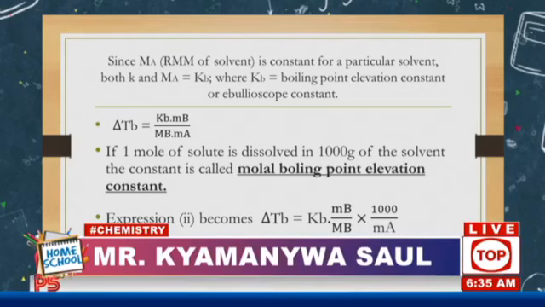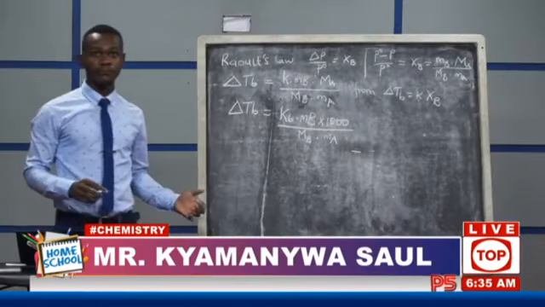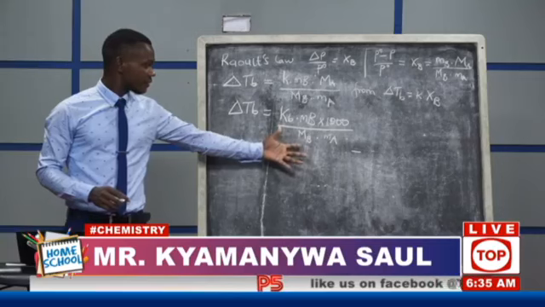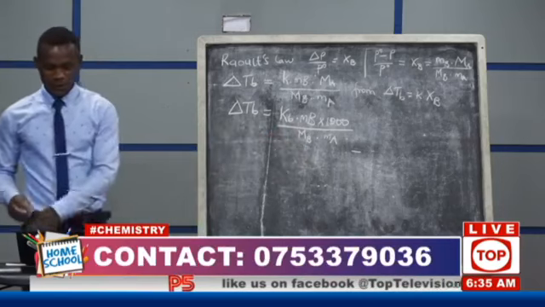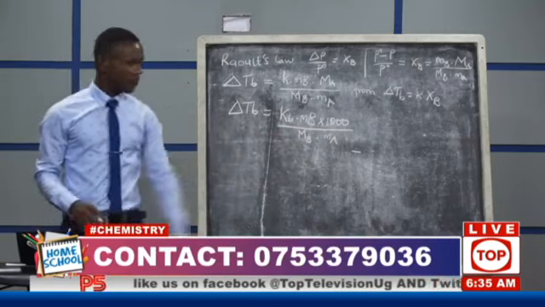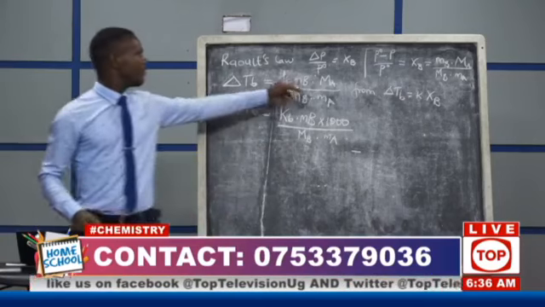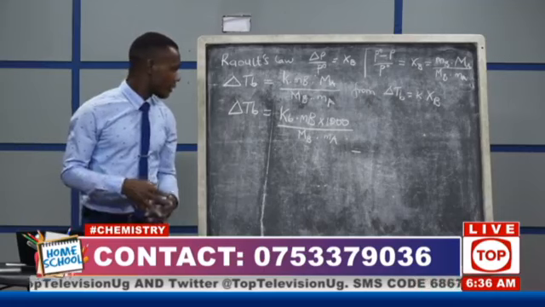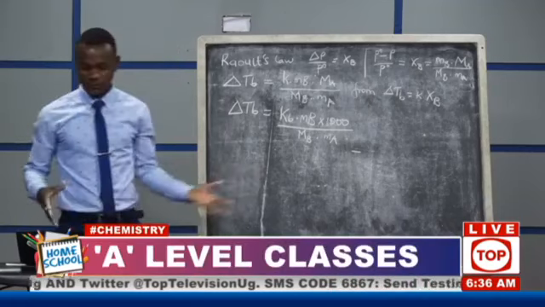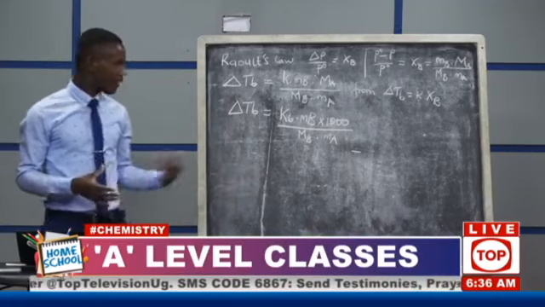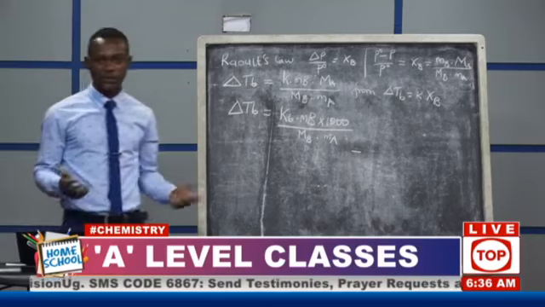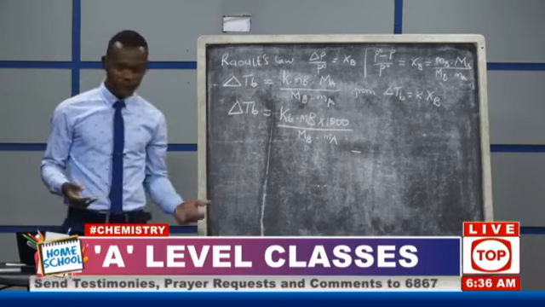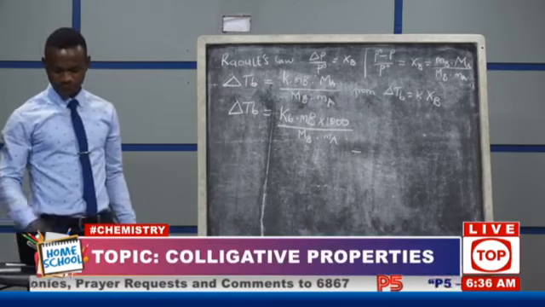Hopefully we are together. We come up with this after putting some assumptions that this one and that one are constant. Then this solution is under what we call 1 mole of the solute dissolving in 1,000 grams of the solvent.